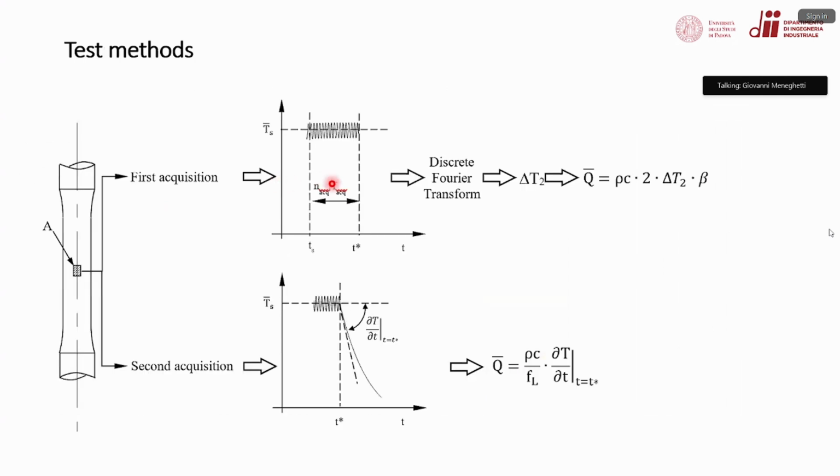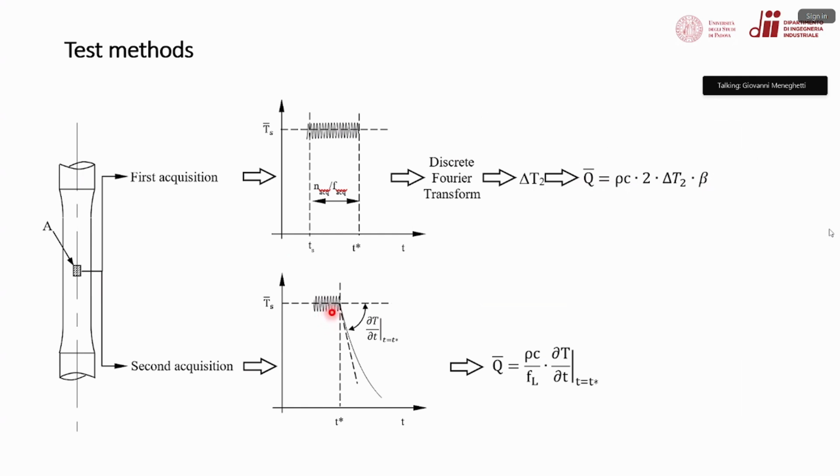By doing such experiment, we did the following two acquisitions to apply the two strategies. The first acquisition is a steady state acquisition of the temperature signal. Then we did the discrete Fourier transform to analyze the second harmonic of the temperature signal, and then we estimated the intrinsic dissipation with the equation we have discussed before.